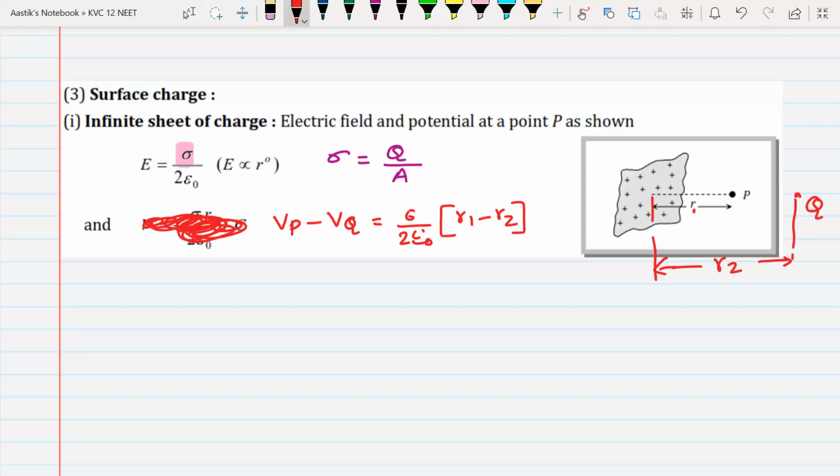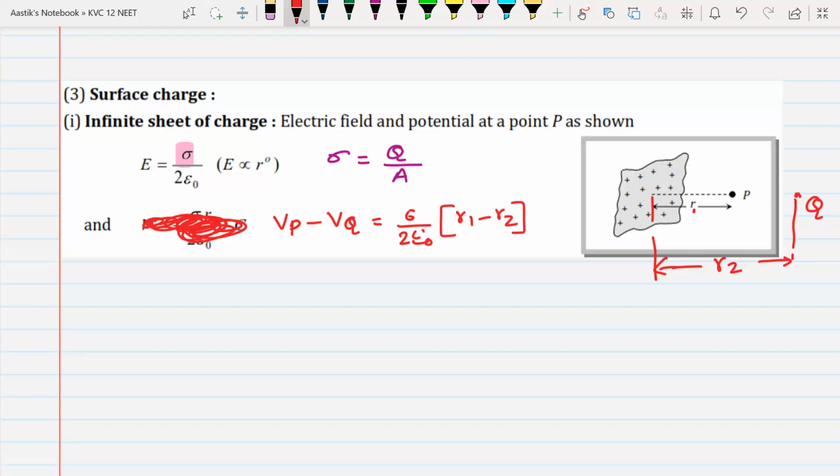This was surface charge, infinite surface charge. We move on to the next one, which is a charged conducting sphere, or conducting shell, or non-conducting shell.